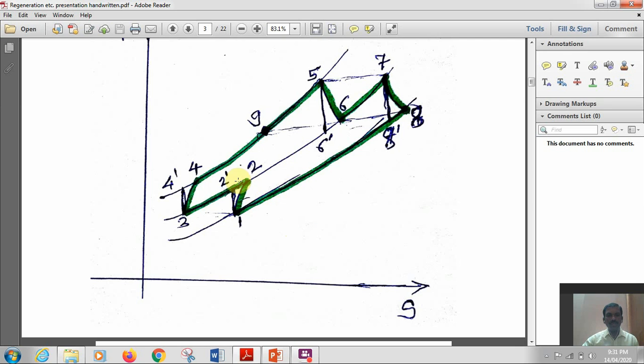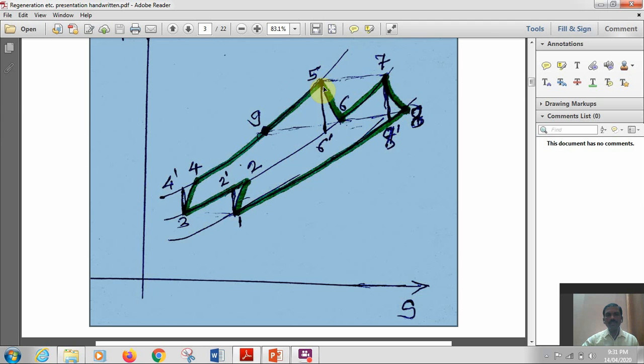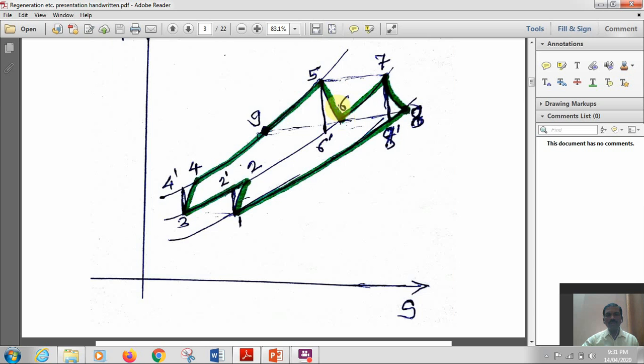So this becomes a case of intercooling 2 to 3, regeneration 4 to 9, and this 5 to 6, 6 to 7 reheating.